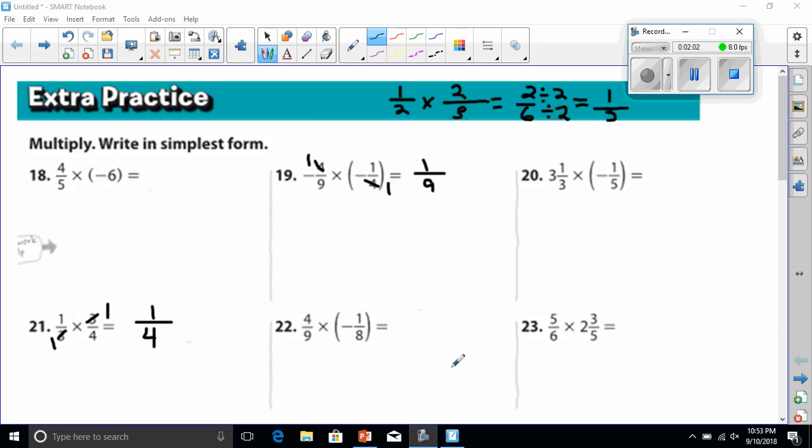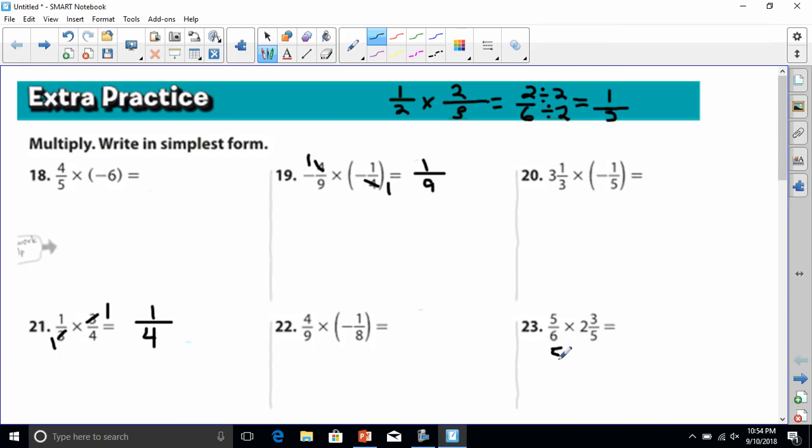And let's see, number 23, I could make this into an improper fraction, which should be 5/6 then, times, well, we know this is 5 times 2, and that's 10, and 10 plus 3 is 13. So this would be 13 over 5.